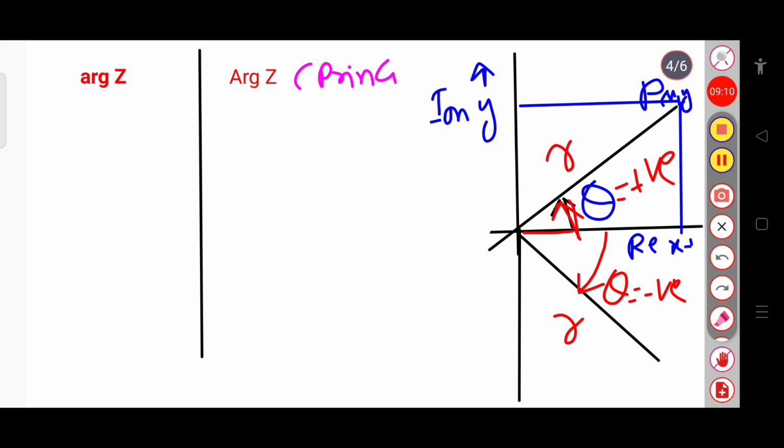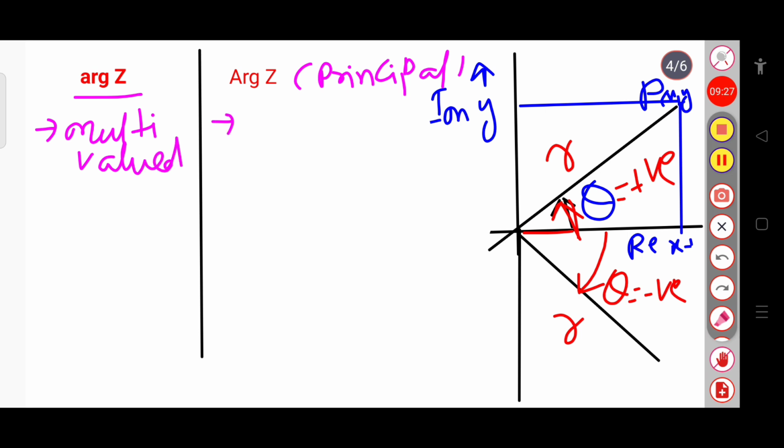The small argument of z is called a multi-valued function, and the capital argument of z is the single valued function.